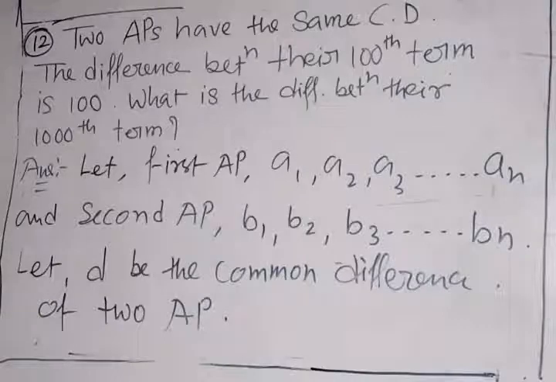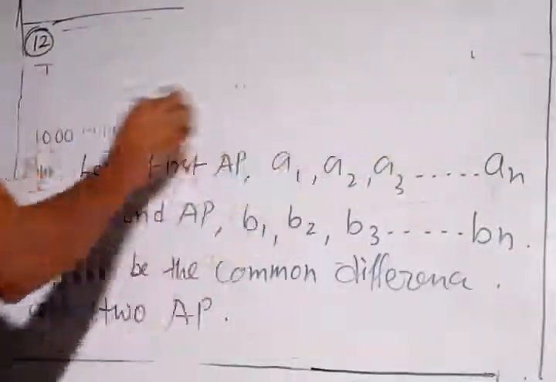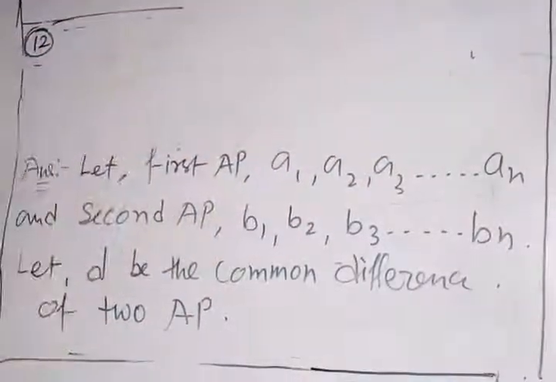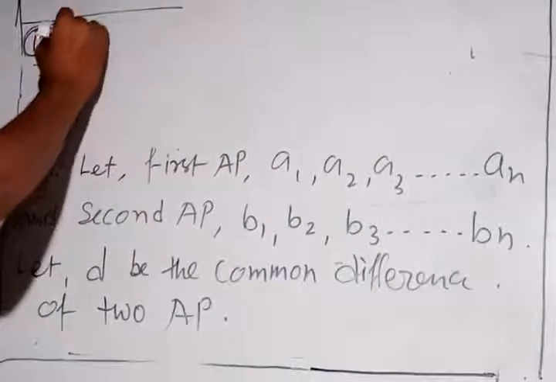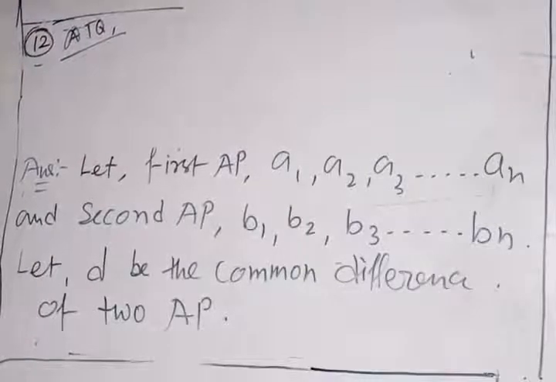These are important things we have to write down because the APs are not mentioned. Now you can come to the question. According to the question, the difference between their 100th term is 100.